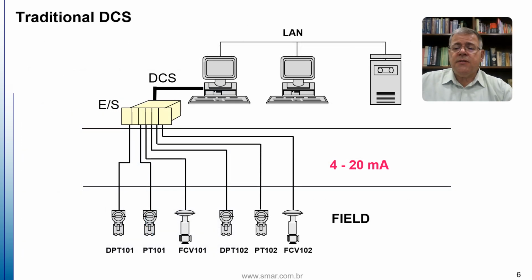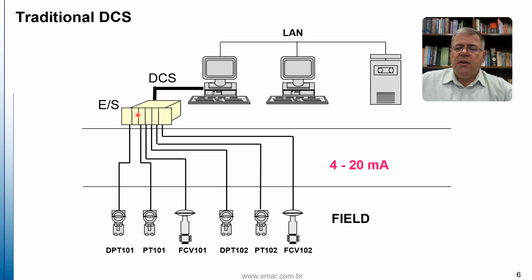In conventional setups, conventional DCS solutions, each field device supplies a 4 to 20 mA current to I/O cards. They exclusively transmit this information and do not receive any data from the DCS system.